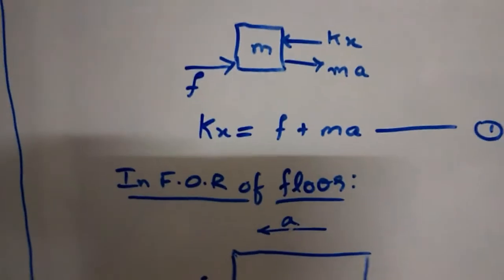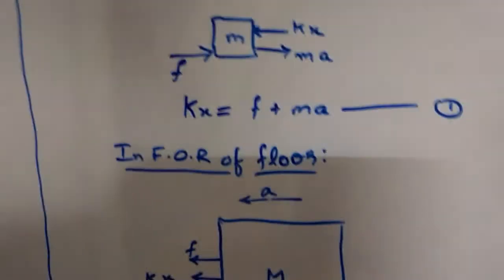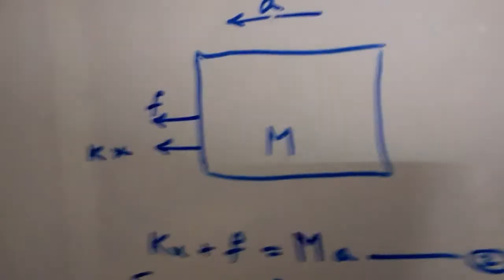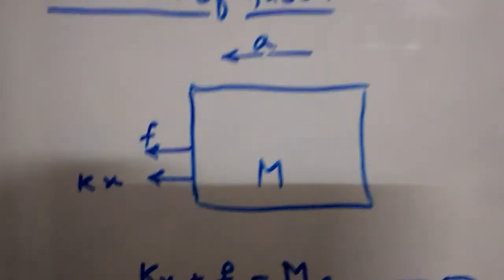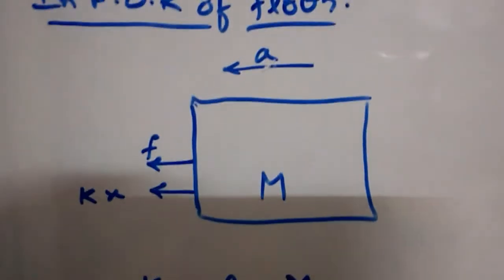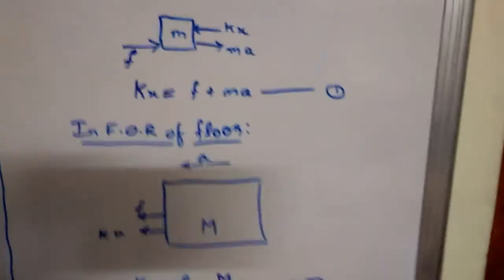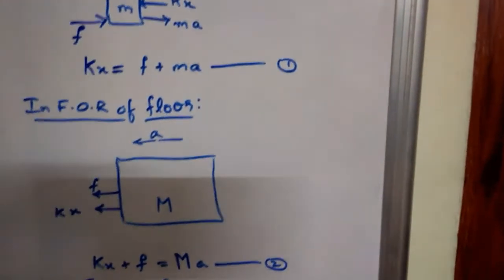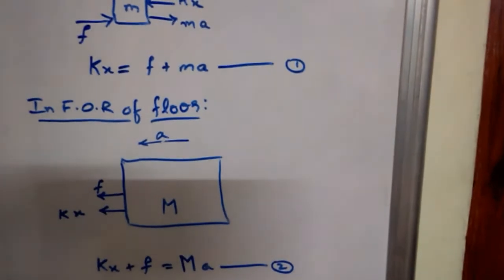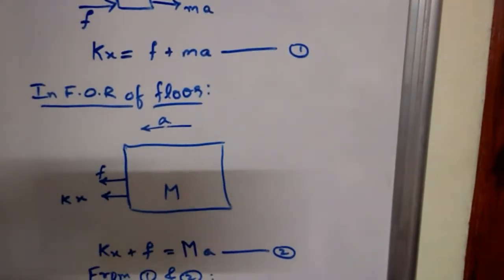Hence, they cancel out, being internal forces for the system capital M plus small m. Now we can easily write F equals ma for this system, which means kx plus f equals capital Ma. So now we have two equations and two unknowns, which are x and a. I guess we can solve them easily.